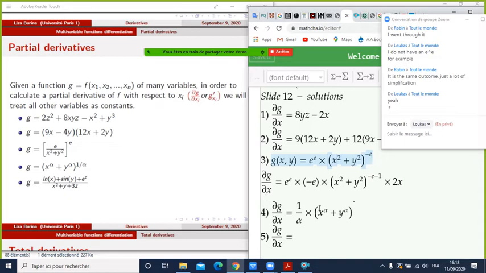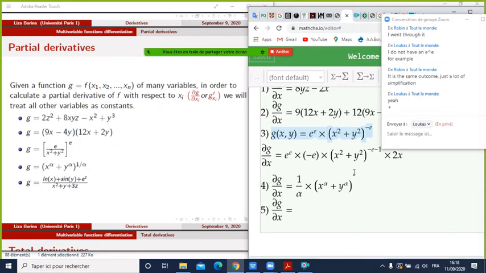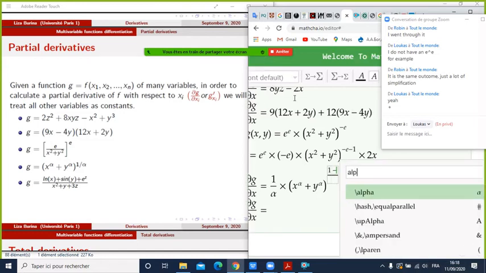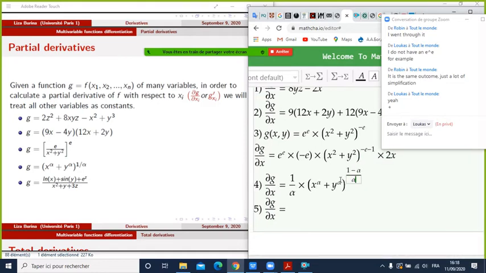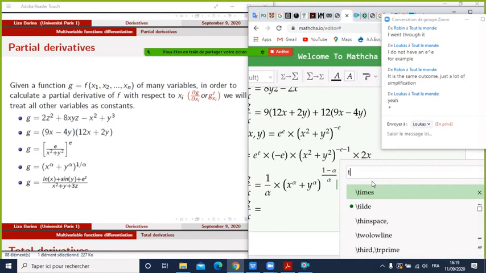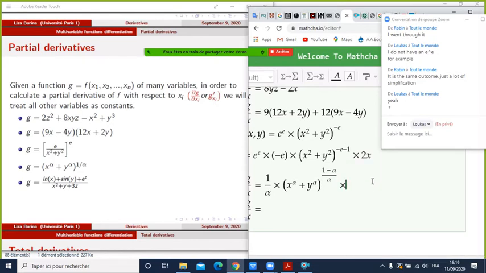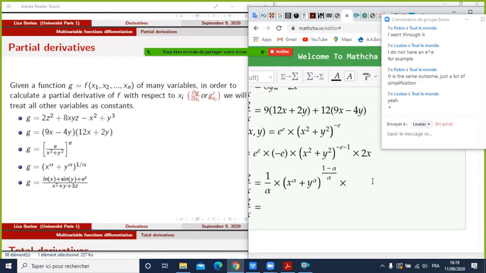Let's move on to our fourth. So 1 over alpha minus 1 will be 1 minus alpha over alpha. This is the derivative of the outer function, so we have to multiply it by the derivative of the inner function, which is x to the power of alpha.